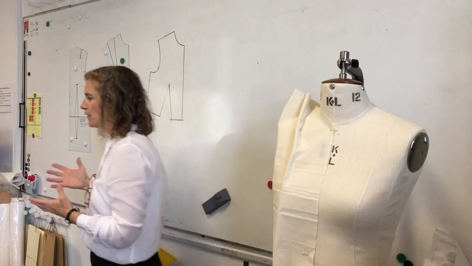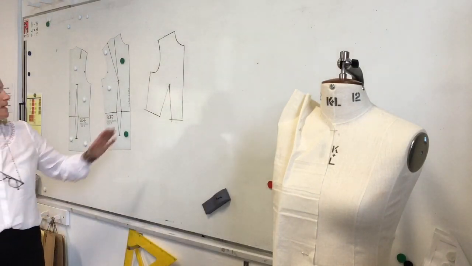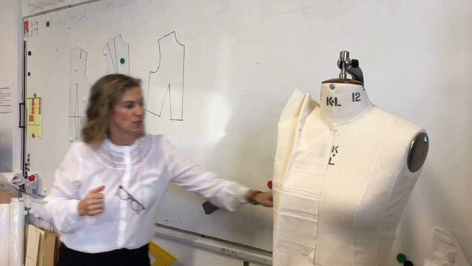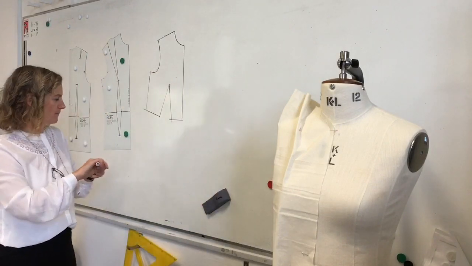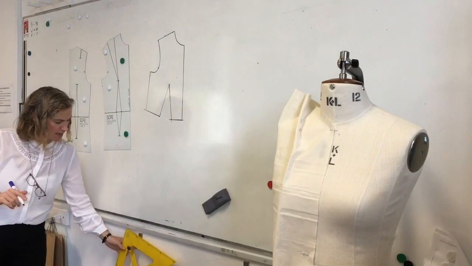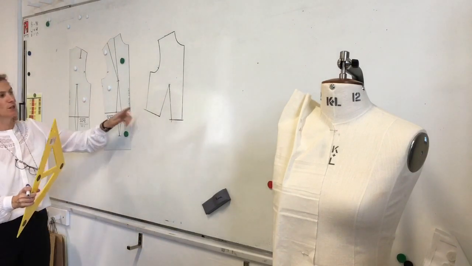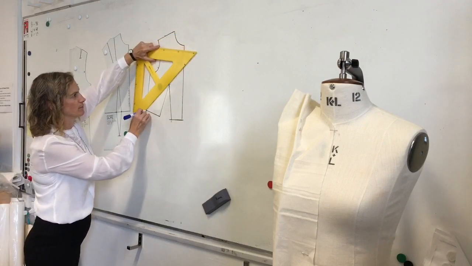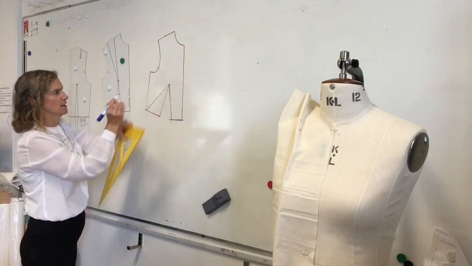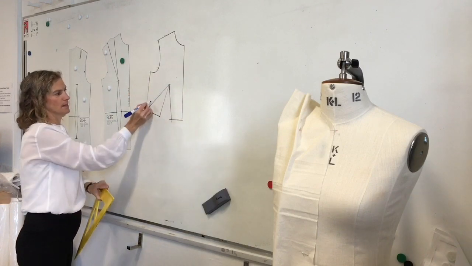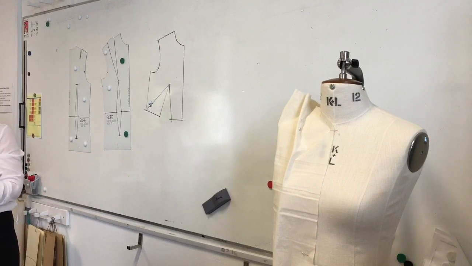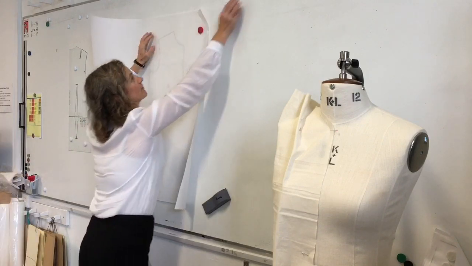But if you have your block already and you want a French dart, you can do it very quickly on the flat pattern. If we say we want a French dart, which is from here, we simply draw the line from where we want it to the bust point. That is a cutting line, and we will then cut and fold.